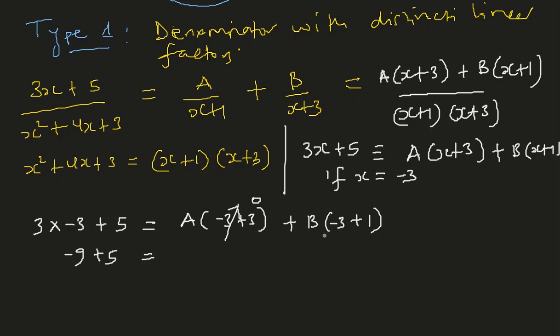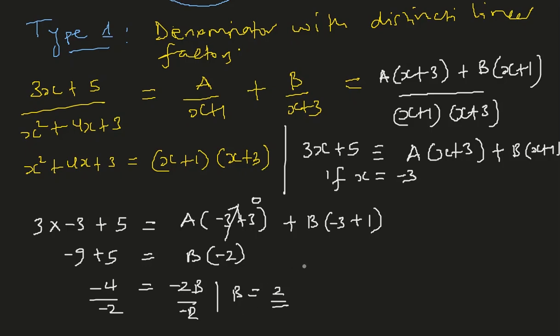So we remain with this. This is B into -3 plus 1, which is -2. When we simplify this, this gives us a -4, which is equal to -2B. And when we divide by -2 to find the value of B, we end up with B as 2.